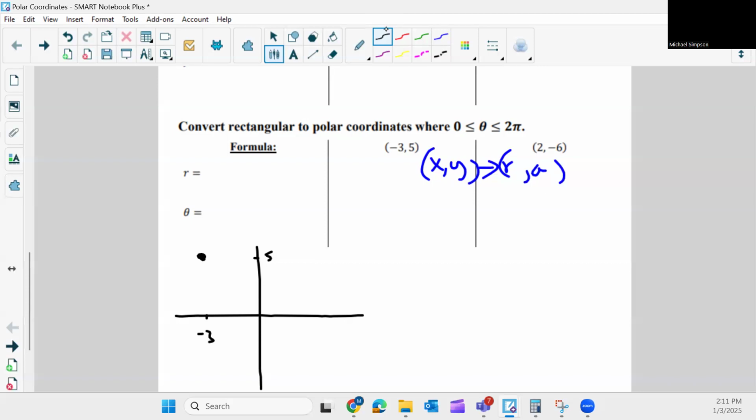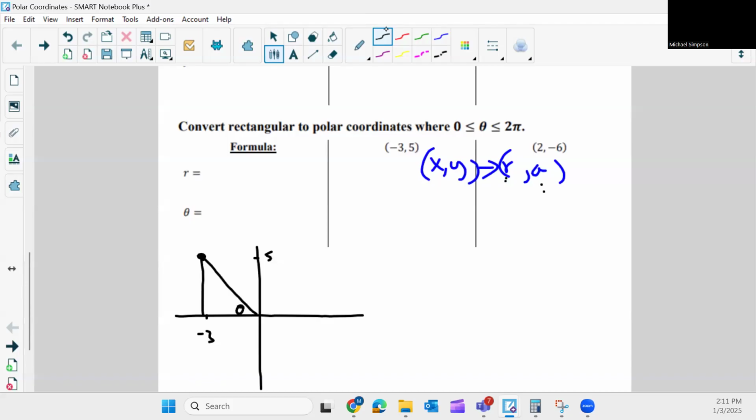The polar point. So we need to find the angle, and I'm going to find r. Again, r is the distance from the origin, so I want to find this distance right here. See where I'm going with this? A right triangle again. If I draw a right triangle, good, and so this is the angle.